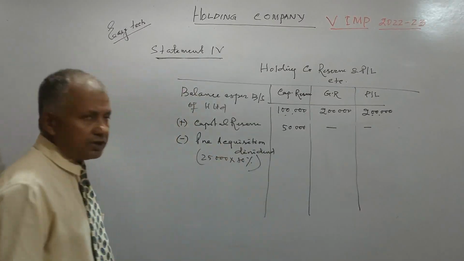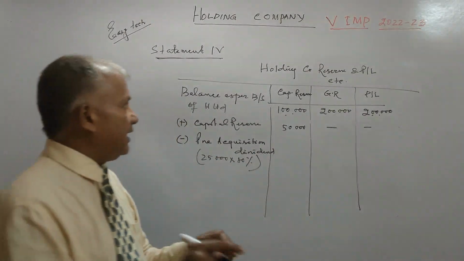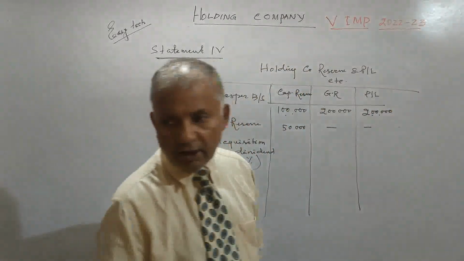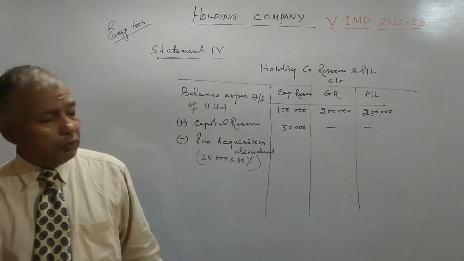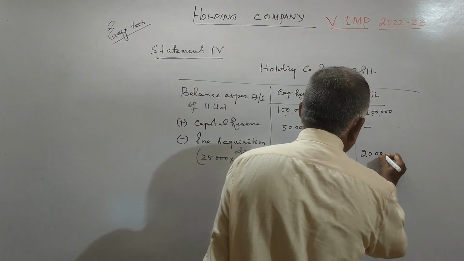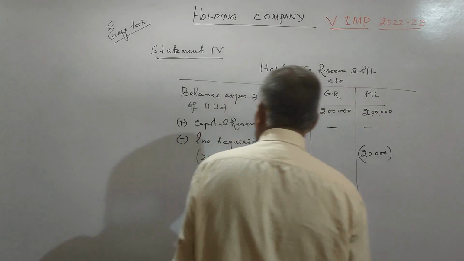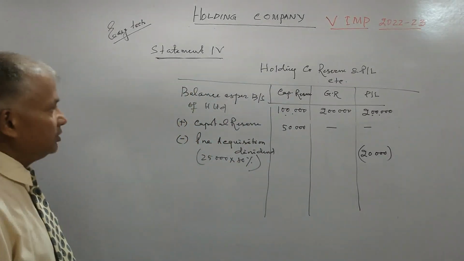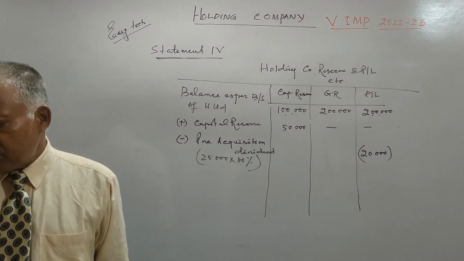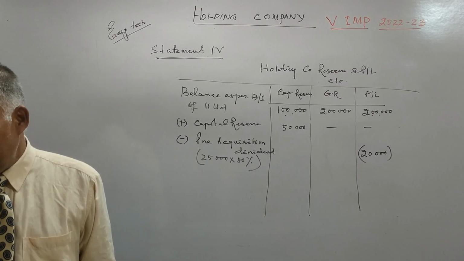This pre-acquisition dividend was wrongly credited to the PL of holding company. Now we will deduct this 20,000 here. Okay? So 20,000 will go out from this holding company PL.